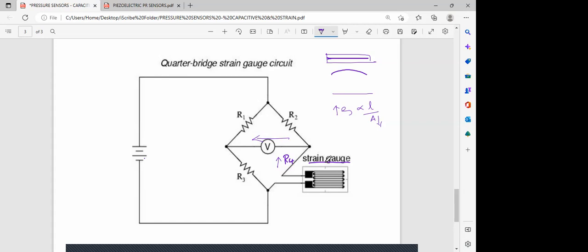Okay, I think we'll be starting on proximity sensors. So we will complete our pressure sensors and then move on to the proximity sensors. So has everybody understood all the pressure sensors that we discussed so far? We need to do the piezoelectric pressure sensor and the electromagnetic pressure sensor.